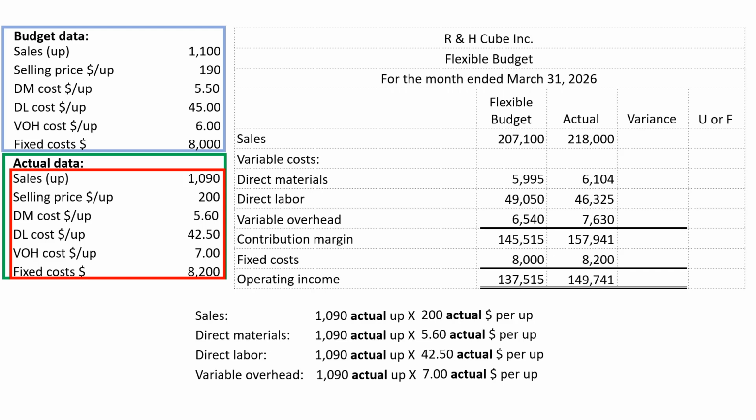Using all actual data, our operating income is $149,741.